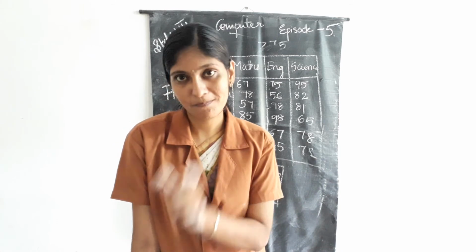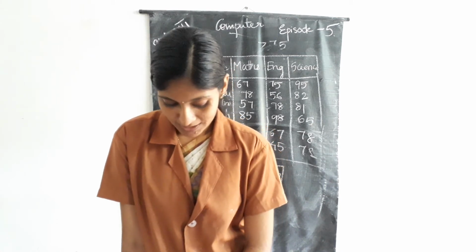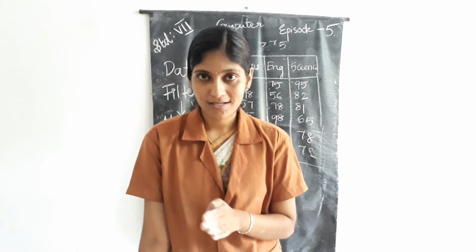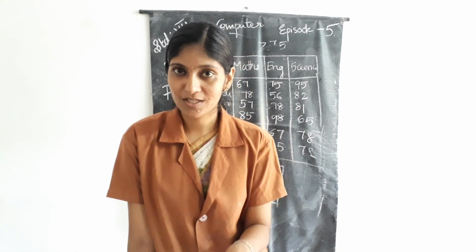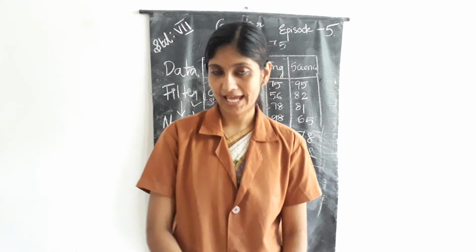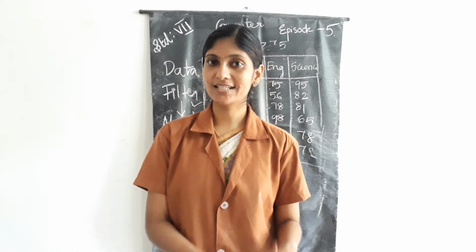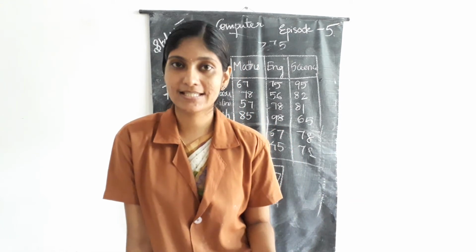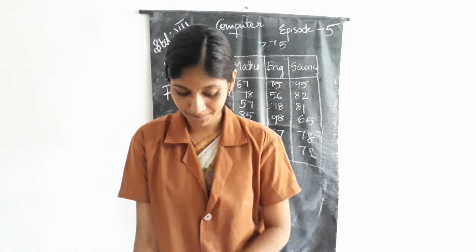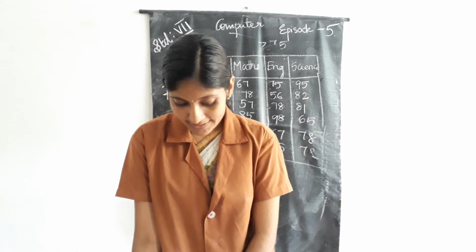So select Between. And when we select Between, a window appears. You can enter the numbers in that window. So enter 60 and 80, that means from 60 to 80. Then also select the color.